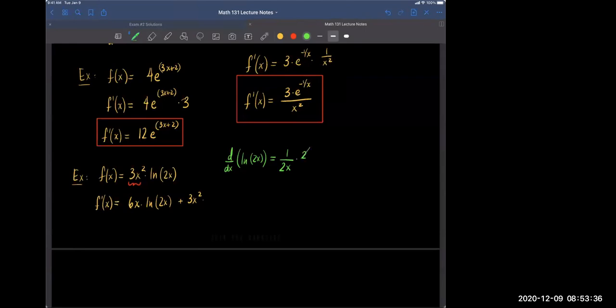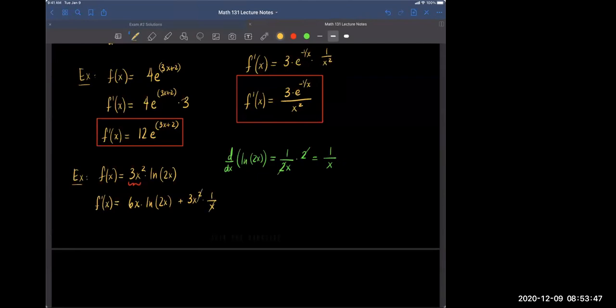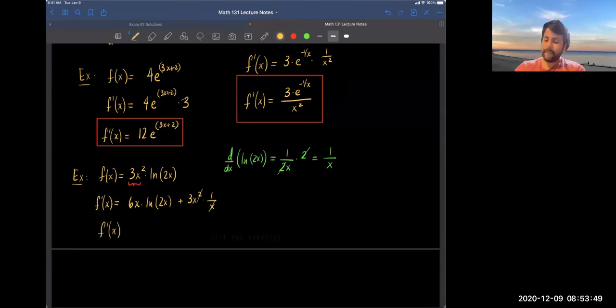And the 2's cancel, and I'm left with 1 over x. So really, what pops out is a 1 over x. The x's cancel here. So my final answer is 6x times ln of 2x plus 3x. And I am done with this.